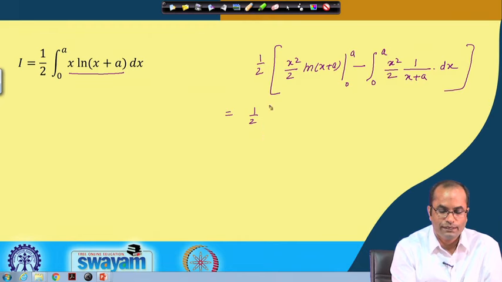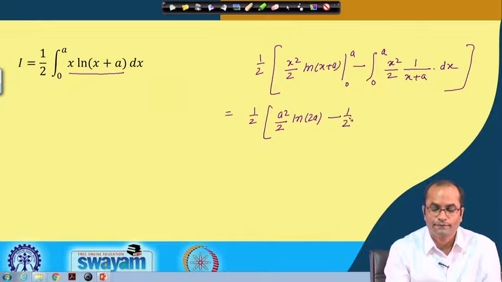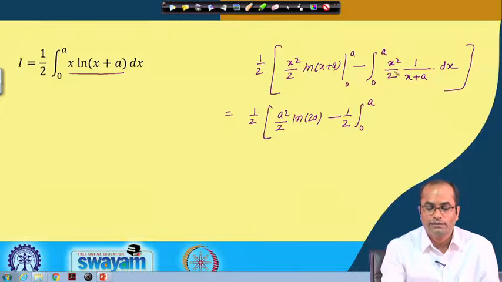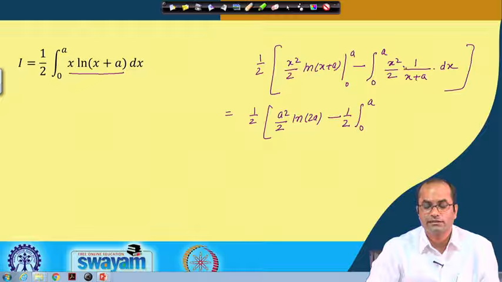So, half, and then upper limit x. So, a squared by 2 and ln 2a minus this 0 because of this x, and then we have minus sign with half, and this 0 to a, this x squared. So, I am adding here plus a squared minus a squared.